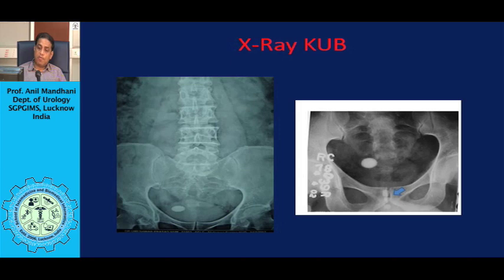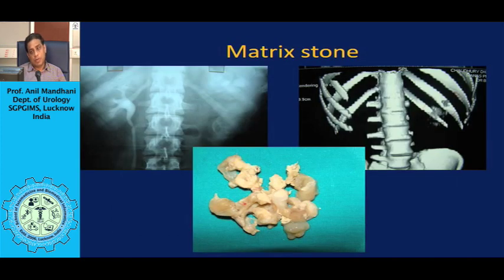So these are the 5 absolute indications where you should consider the patient for surgery. Otherwise, there is a strong indication for treating patients with either watchful waiting or medical treatment.